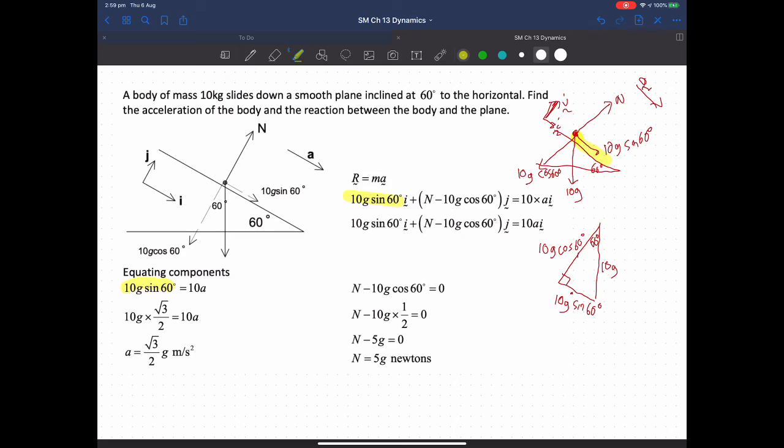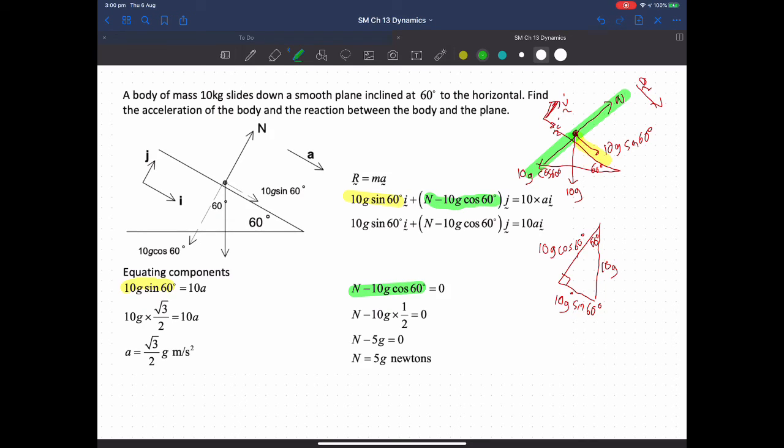Next thing I can consider is the parts that are perpendicular to the plane. Again, I will colour code. We have the N going directly upwards and the 10g cos 60 degrees directly downwards. Both are perpendicular to the plane. So I've got N minus 10g cos 60 degrees.